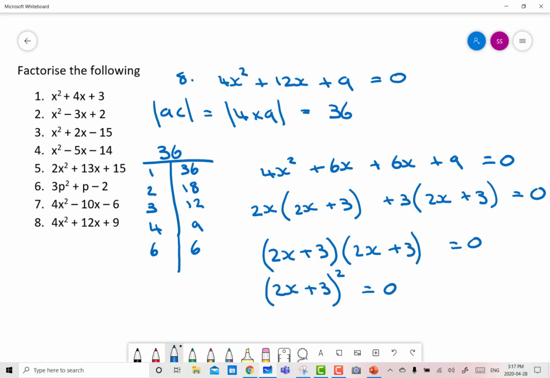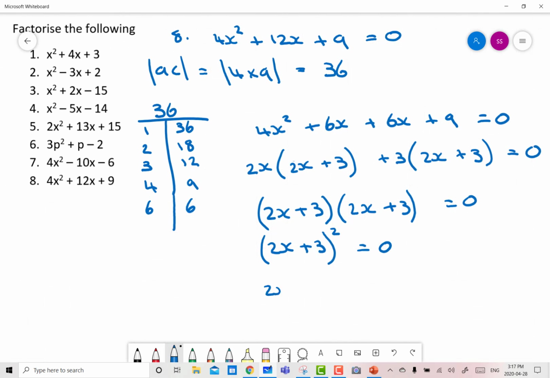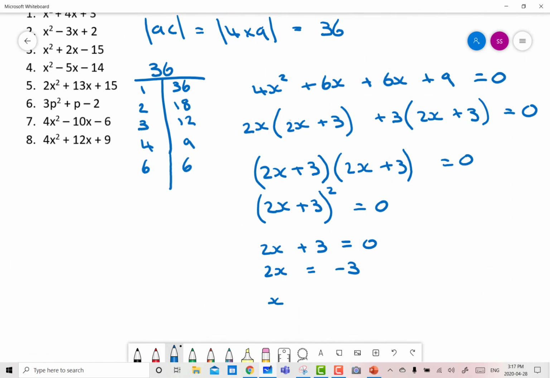So all we have to do now is solve for that one value of x. If we take that equation, 2x plus 3 equals 0, that would be 2x is equal to minus 3, and then x would be equal to minus 3 divided by 2, or if you prefer, negative 1.5.